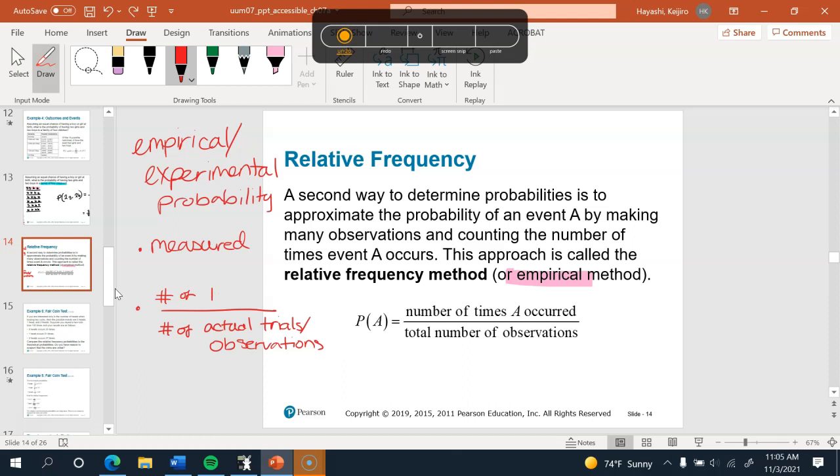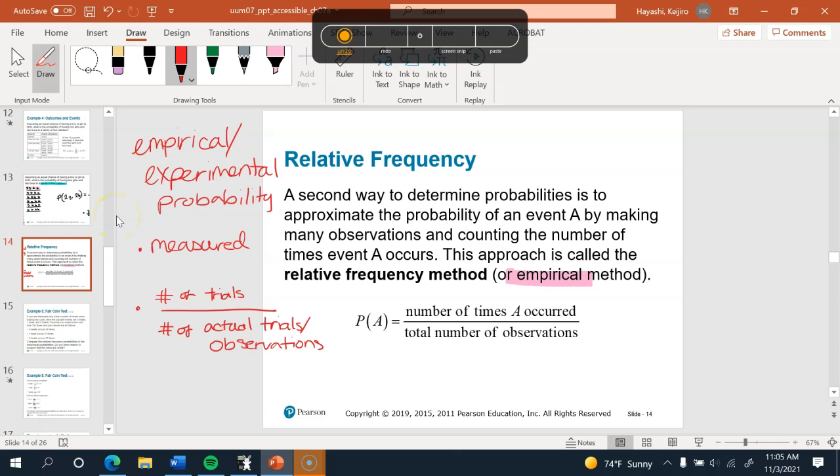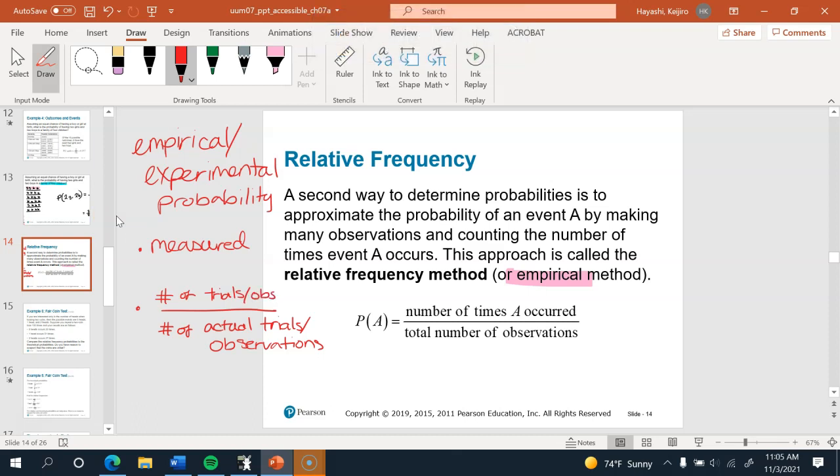And on the top, you get the number of trials or observations with the desired outcome. So basically, you just count how many times did I try this experiment? How many times did I actually roll the die? How many families did I actually measure? That number goes on the bottom. And the number of times it came up the way that you wanted, that number goes on top.